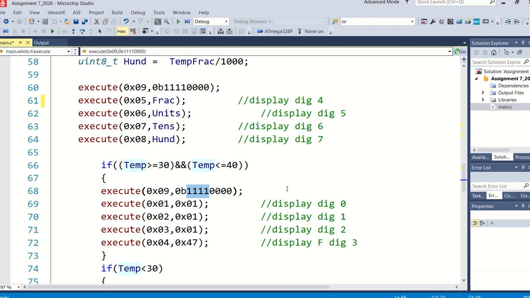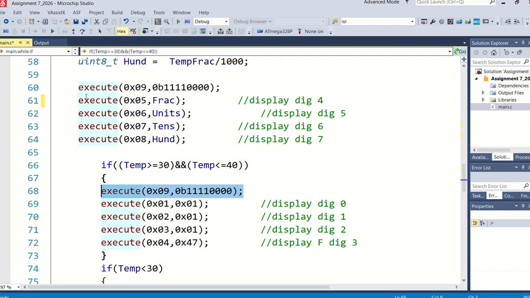Now, I'm just going to leave that. I am also not going to write anything to them, because I've already written to digit 4, 5, 6, and 7. That's already been covered. In actual fact, to be quite honest, because I've done it here, I don't have to do it again. So this line you can actually leave out.